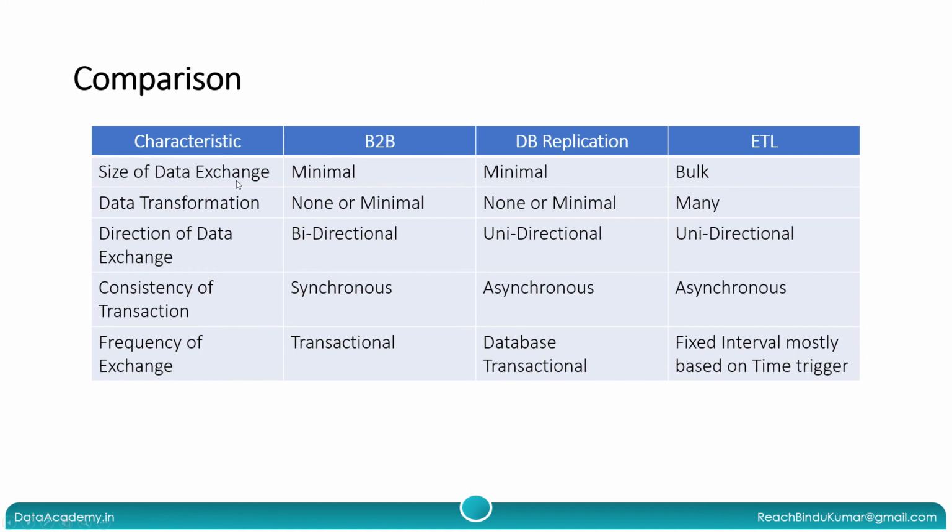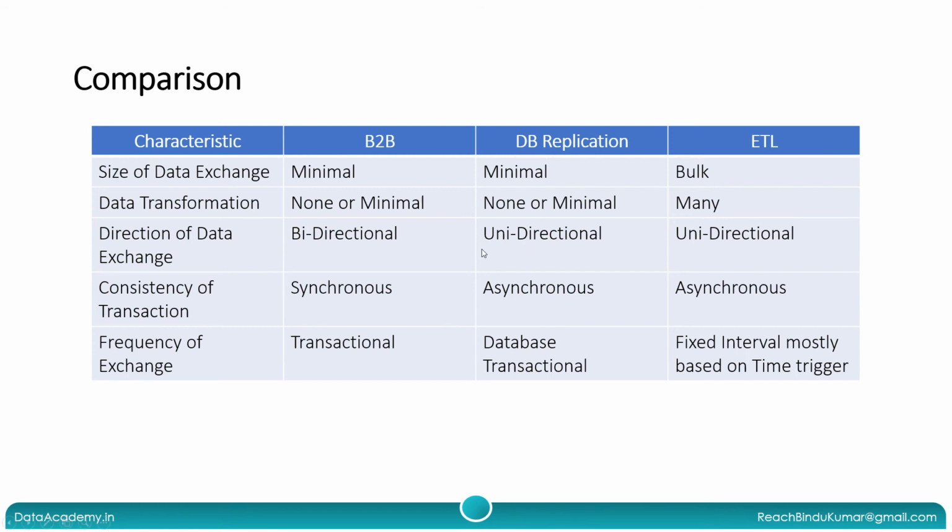So characteristic, size of data exchange or the volume of data exchange. In style 1, which is B2B, it is minimal, and so it is in the DB replication as well. In ETL, it is usually bulk of data that is exchanged. Data transformation, none or minimal in style 1 and 2. In ETL, there are usually many transformations that are applied to the data.